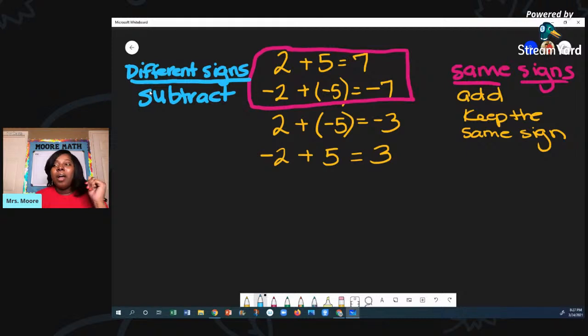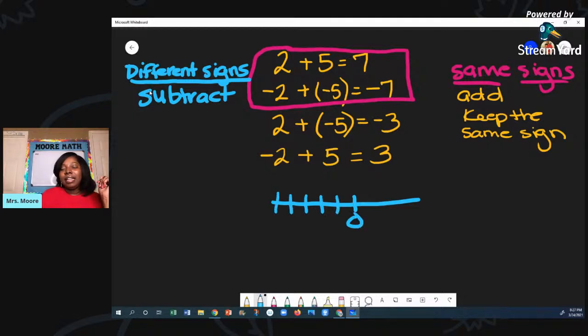So if it's negative, think about a tug of war. We have the negative side and we have the positive side. If I'm at 2 and I add a -5, I'm pulling that rope to the left.